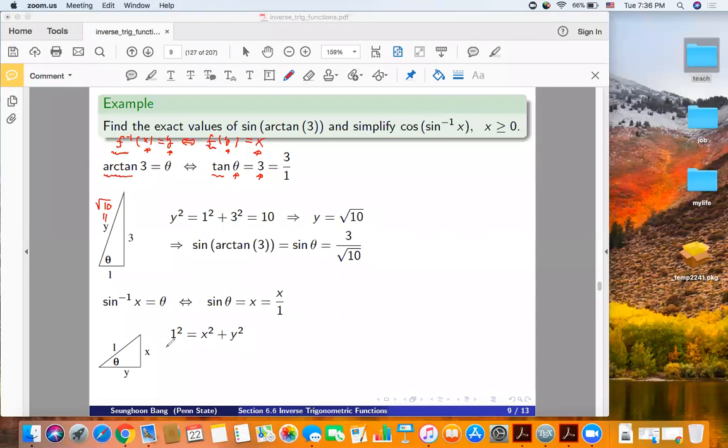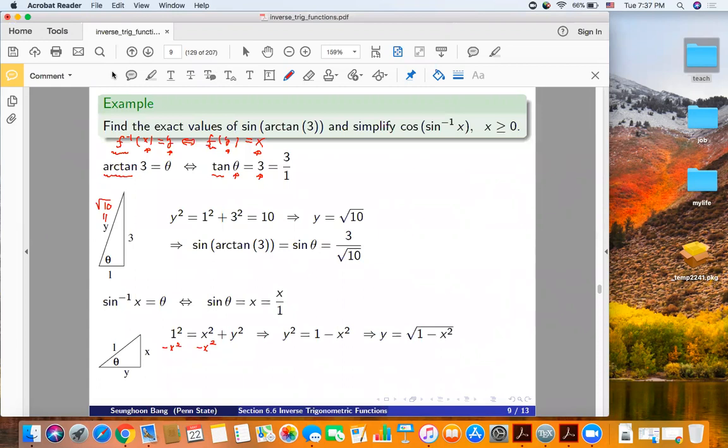The next, you subtract x squared from both sides. So we have y squared equals 1 minus x squared. Take the square root. This y value is the square root of 1 minus x squared.